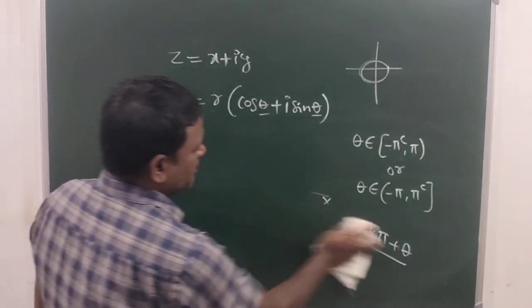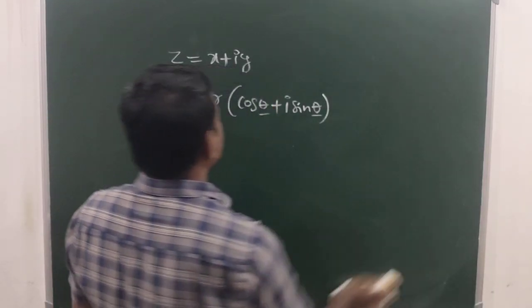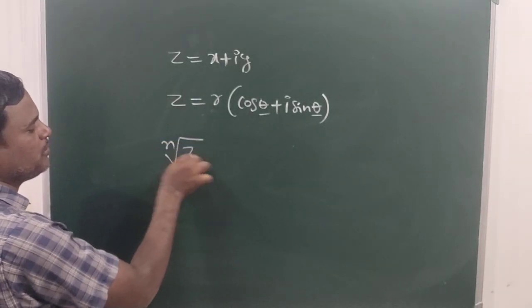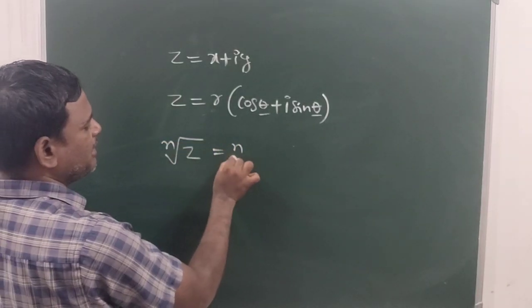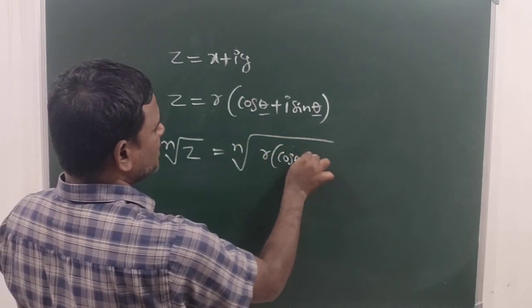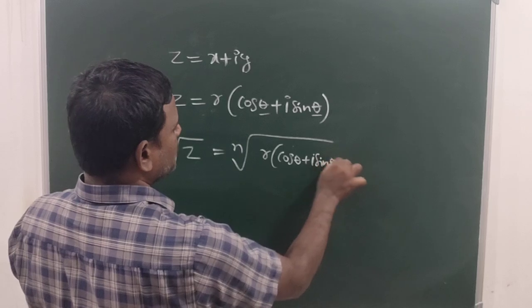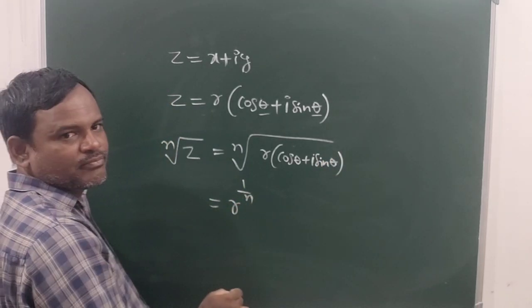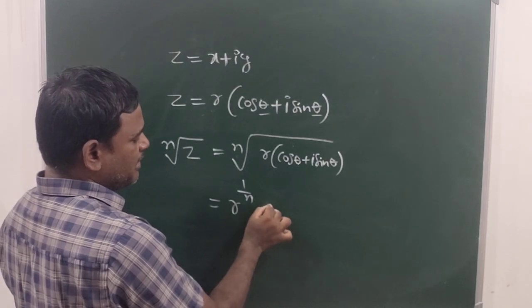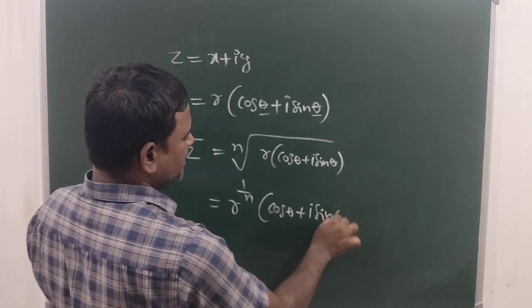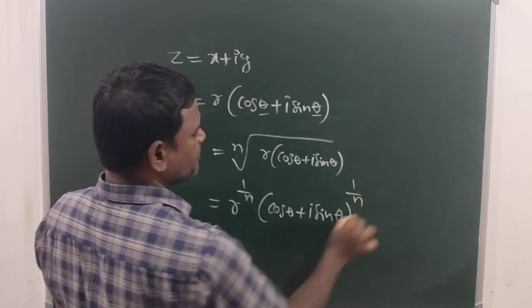Okay, right. Now, see, for this I am going to find nth root. So here, what you have to write? Nth root of r cos theta plus i sin theta. So hereafter, r power 1 by n, cos theta plus i sin theta whole power 1 by n.